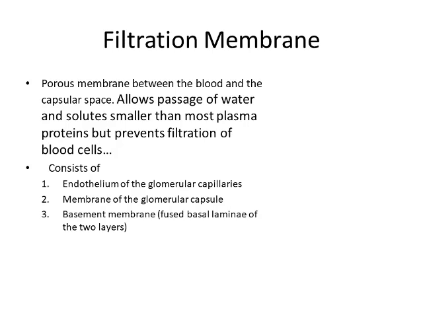That means many tiny holes are present, and they should be, otherwise filtration will not occur. So just know the layers of the filtration membrane are formed by the wall of the capillary and the Bowman's capsule.